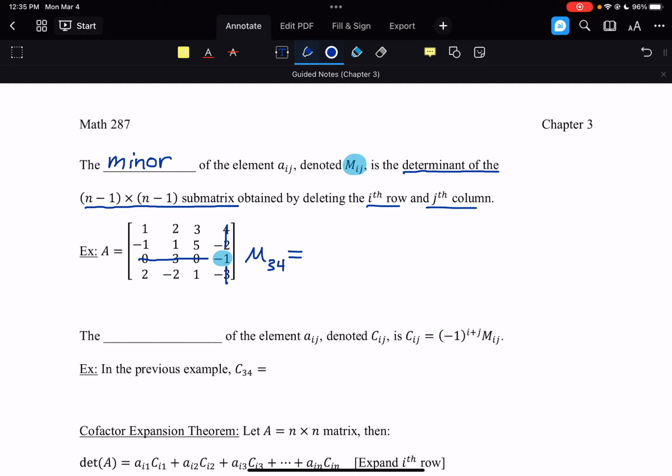So we delete its row and its column. That, of course, leaves us with 1, 2, 3 by 1, 2, 3. So we have a 3x3 submatrix to compute now. So let's go ahead and just get that. So that's 1, 2, 3. Negative 1, 1, 5, 2, negative 2, 1.